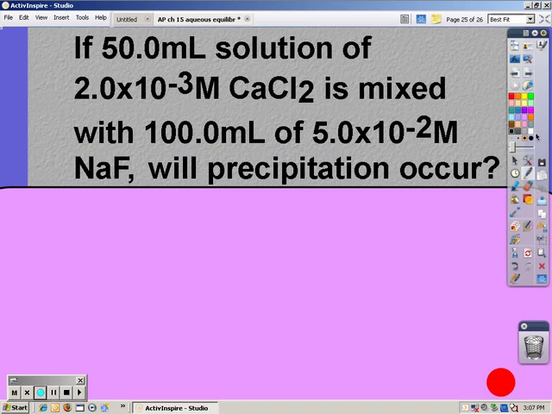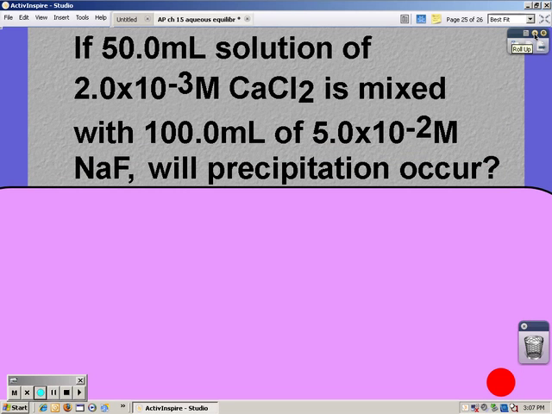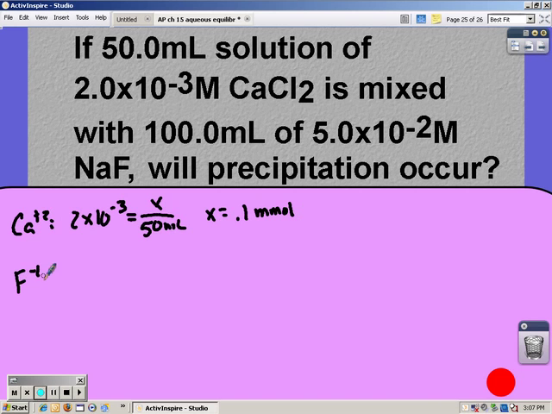All right, let's see if you got it correct. So first you needed to figure out what your precipitate would be, which would be calcium fluoride. So I find my concentration of calcium ions, and then my millimoles, and then I find my concentration of fluorine, which is the same as sodium fluoride, and get my millimoles.